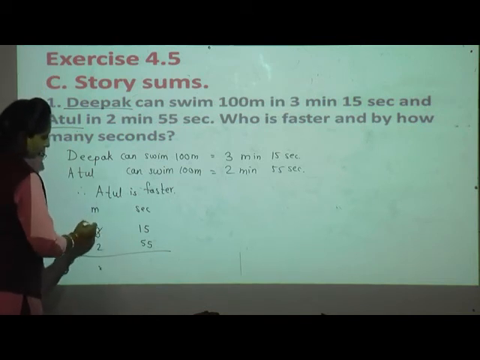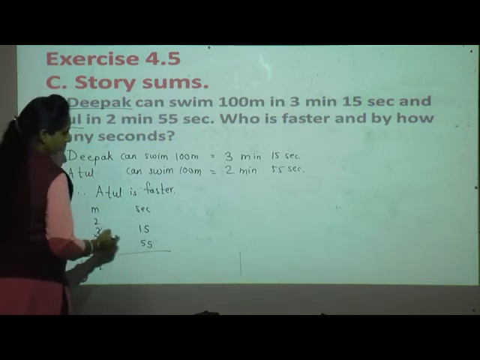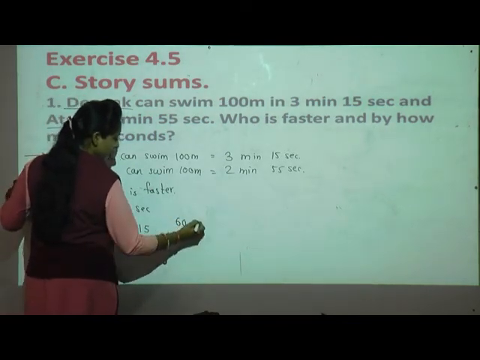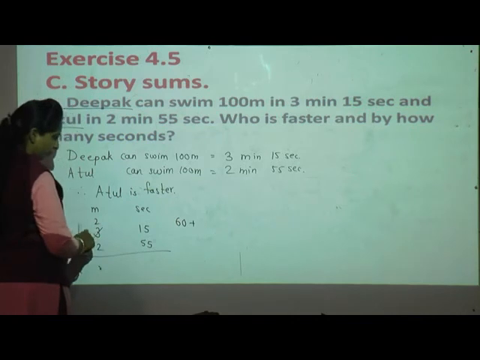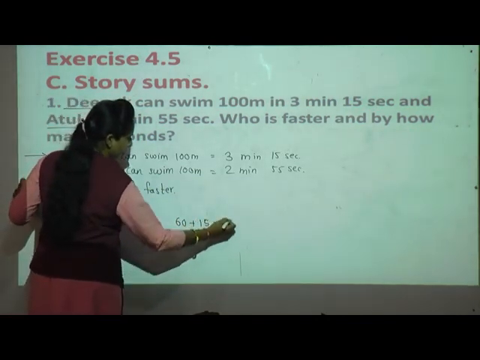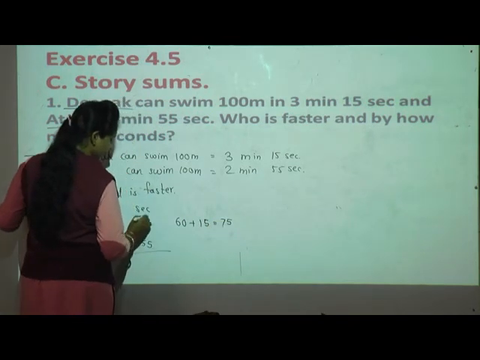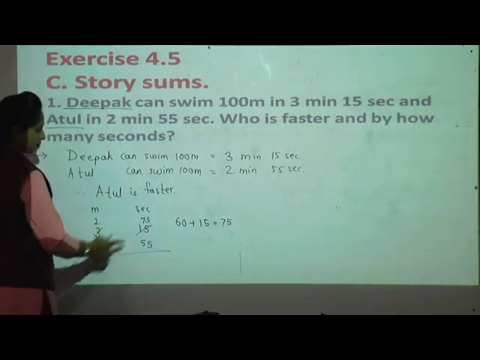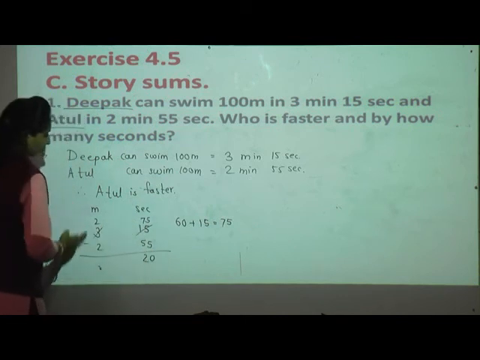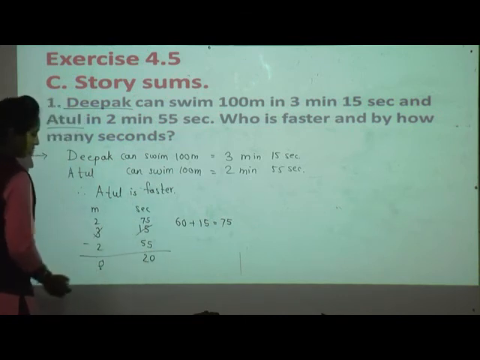So here 3 minutes are there. If we give 1 minute here, 1 minute means 60 seconds. So we are taking borrow from minute 1, that is 60 plus 15 is 75. Now we can subtract: 5 minus 5 is 0, 7 minus 5 is 2. Here 2 minus 2 is 0.